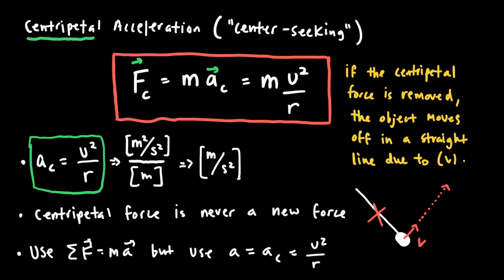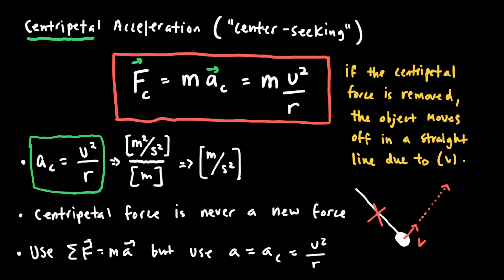If it's a roller coaster track where something's moving around in a loop, then maybe at the top of the loop, the weight of the cart points down, but also the normal force from the track points down. And so those two forces together are providing the centripetal acceleration.